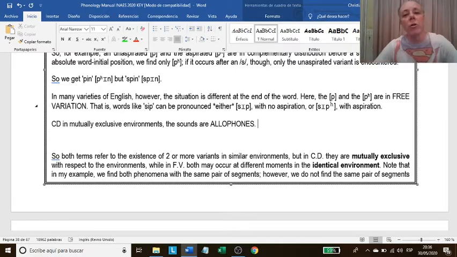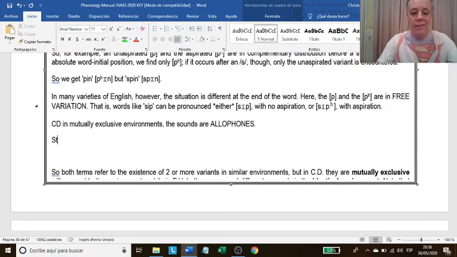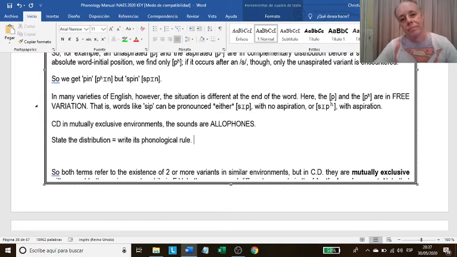Now, what are we going to do if we find that the sounds are allophones? We're going to do this. State the distribution. What does this mean? State the distribution. It means write its phonological rules. Phonology is about rules of sound combination.